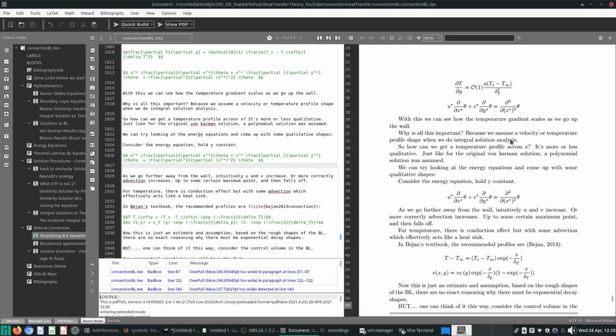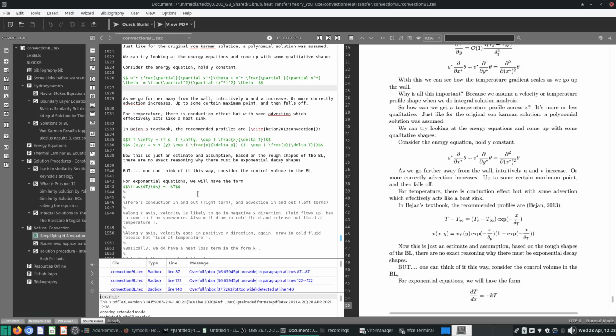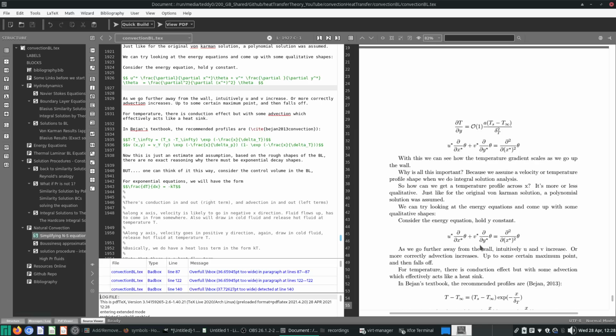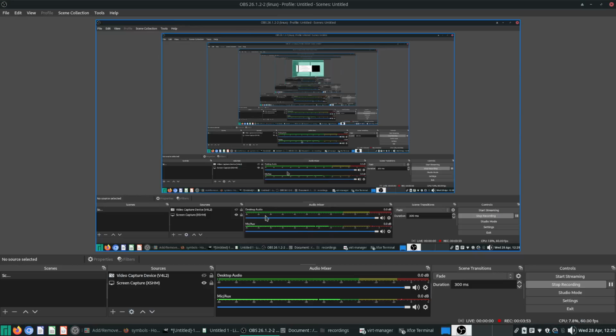We need to assume a shape of the velocity and temperature profile before we do the integral curve analysis. Let's take a look at each of these terms so that we can see what the contribution is.